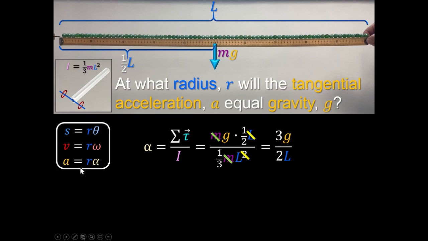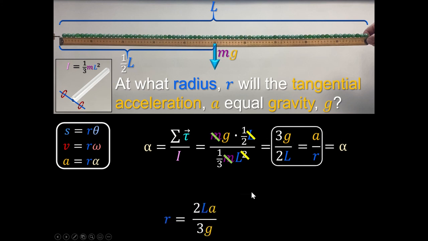If we solve this equation for a, or alpha, the angular acceleration is going to be the acceleration divided by the radius. Remember, we're trying to find out at what radius the acceleration would be the same as gravity. So let's take that piece there and solve for r. The question is, at what radius will the acceleration be the same as gravity?